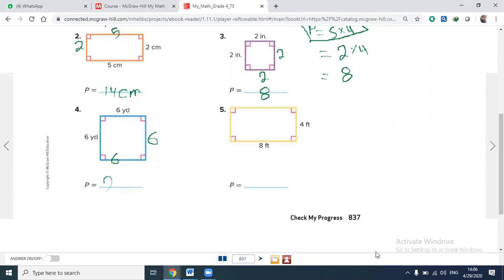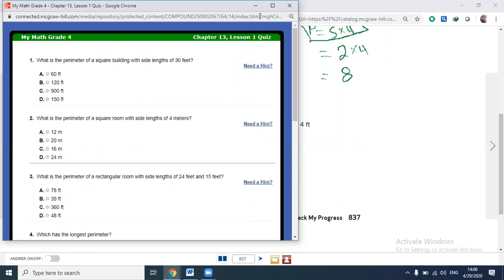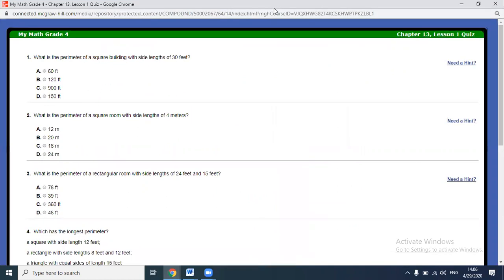Now let's go to this self-check about the perimeter. Number one: what is the perimeter of a square building with a side length of 30 feet?